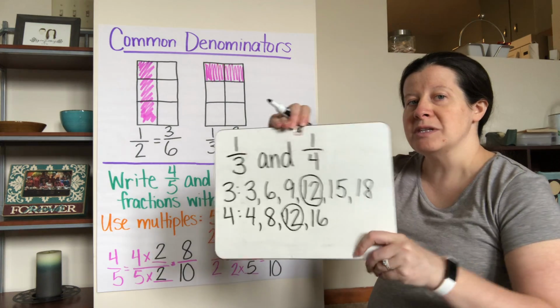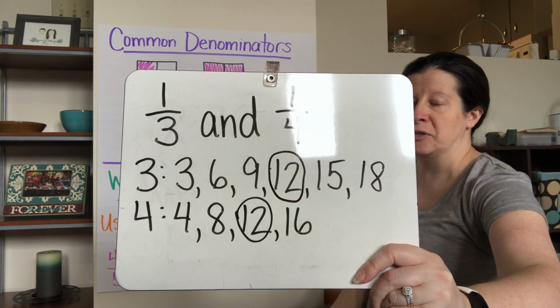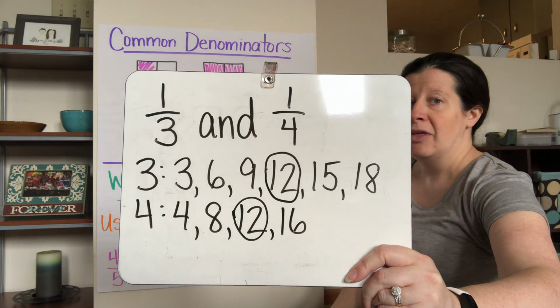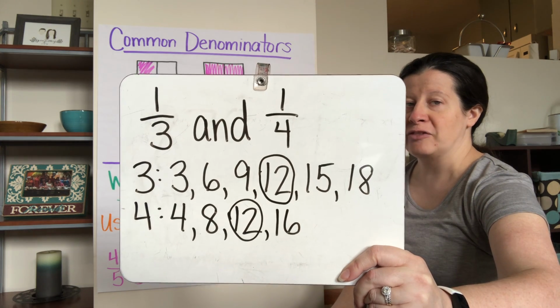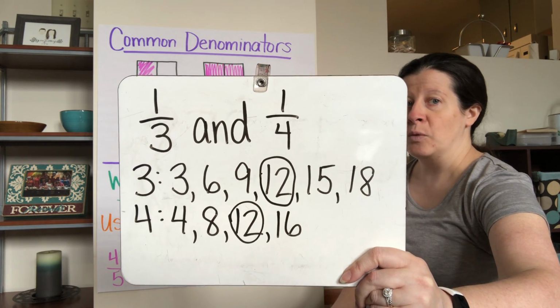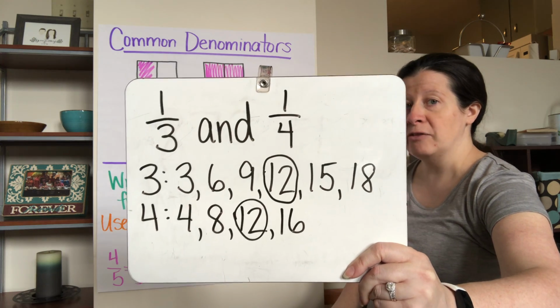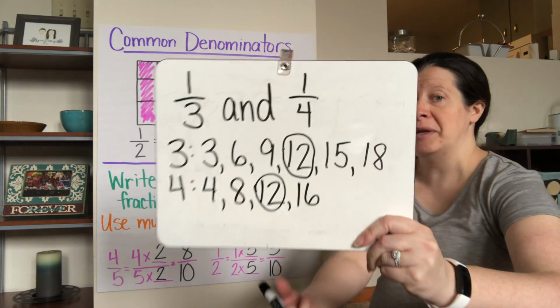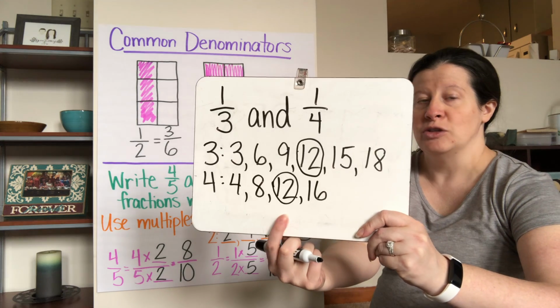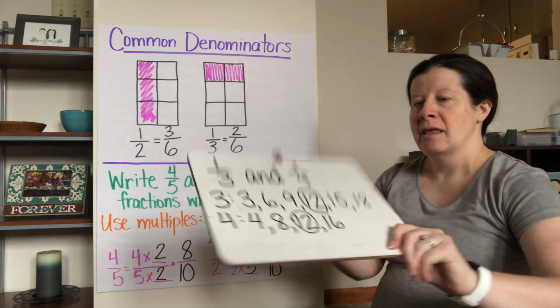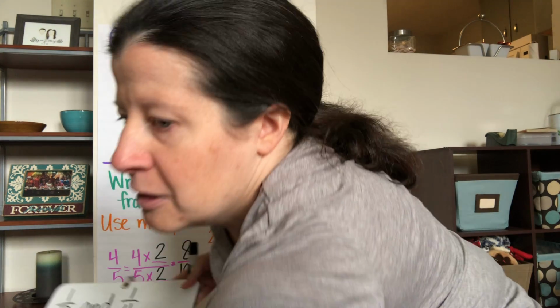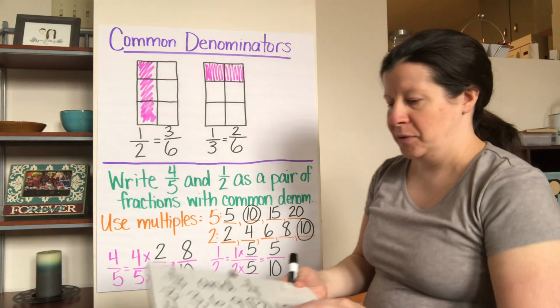Okay, so since 12 is a common multiple of 3 and 4, that means we can change the fractions 1/3 and 1/4 to a pair of fractions that have a denominator of 12. Okay? Clear my board off here.